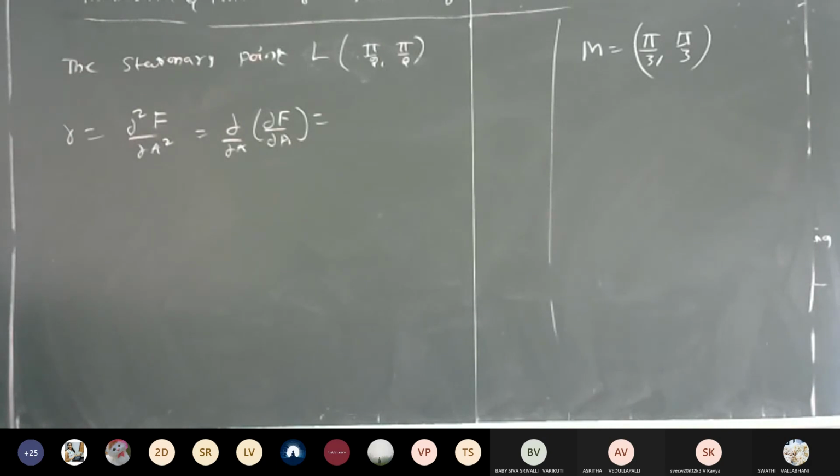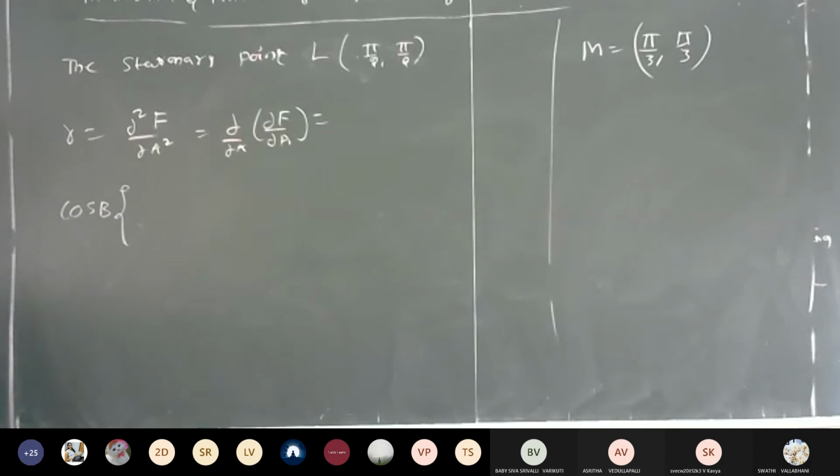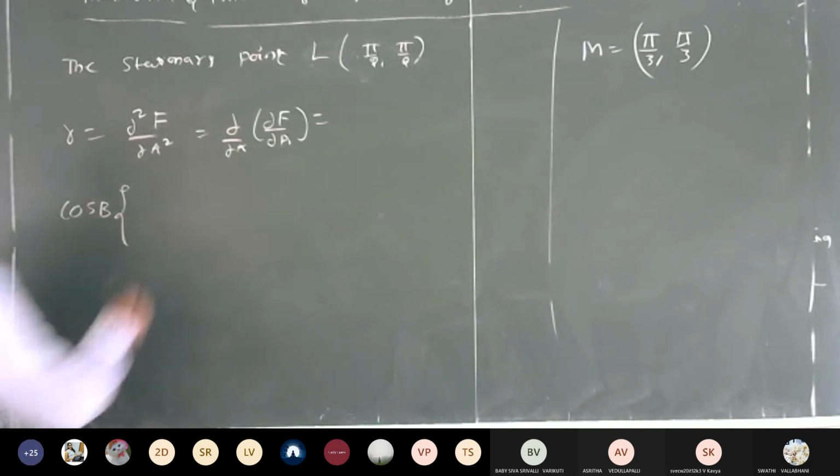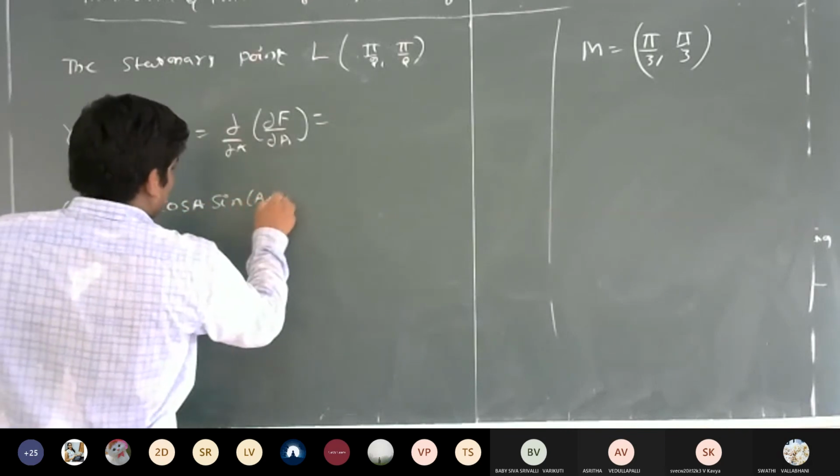What is that value? Cos B into minus cos A into sin of A plus B, minus cos A into sin of A plus B.